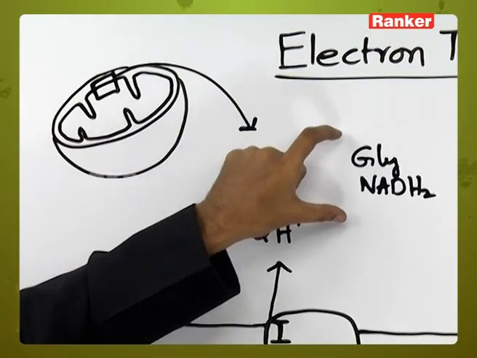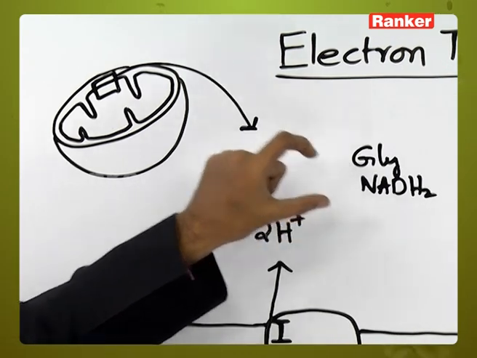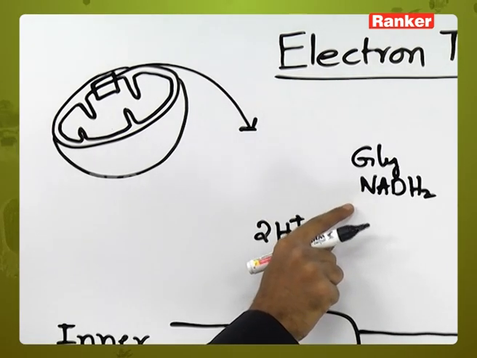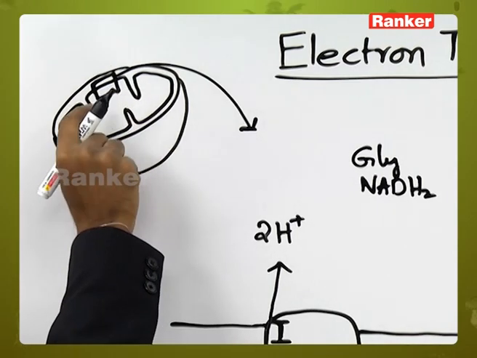The site of glycolysis is the cytoplasm, so the NADH2 is present in the cytoplasm. But during the electron transport system or oxidative phosphorylation, it enters the mitochondrial matrix.